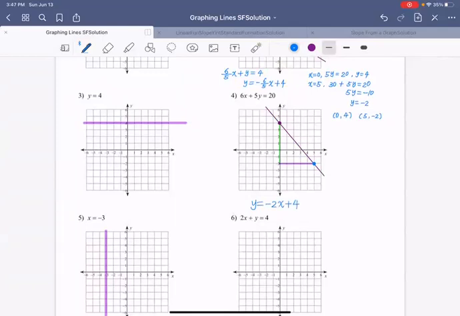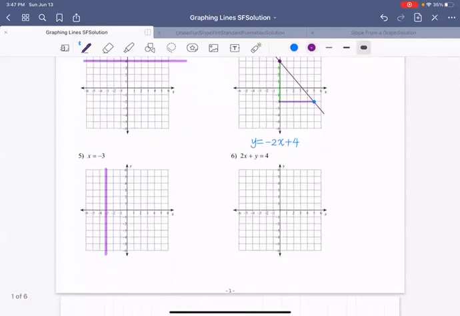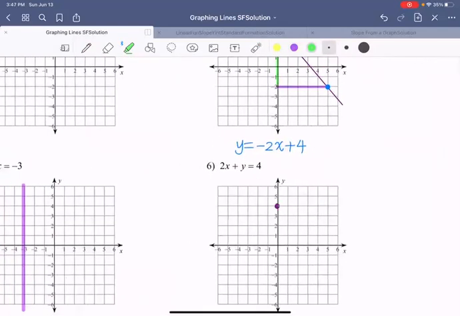So then the y-intercept would be (0, 4). Go ahead. Then it would go down by 2, and then run by 1. Thank you. And then connect it.